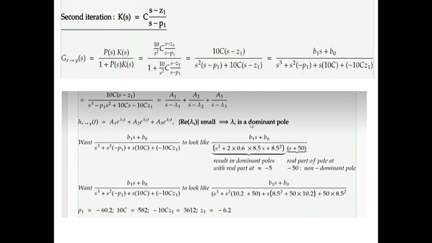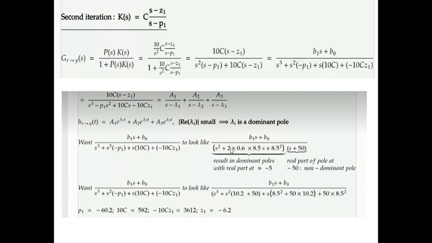Hence the dominant pole is defined as the lambda for which the modulus of the real value is small. Again the BIBO stability condition requires that all the roots of the denominator have negative real part, and hence we want our denominator to look like the second order solution that we got in the previous problem, times a factor for which the real part is very high compared to the roots of this quadratic.